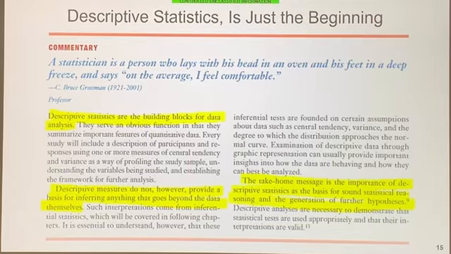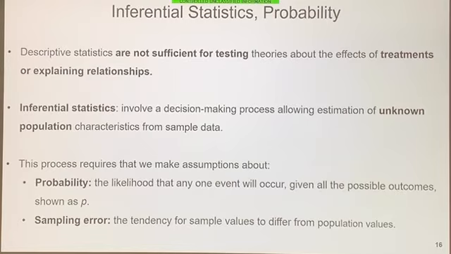So for descriptive statistics, central tendency is only the starting point. We have to move to inferential statistics. Inferential statistics is the use of probability and sampling error to account for some unknown variable or metric in a population. Because we cannot do that with descriptive statistics alone, we use inferential statistics to test a hypothesis using probability.